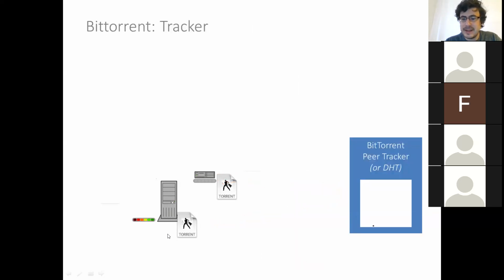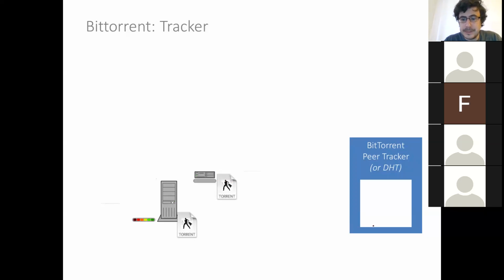The torrent file itself doesn't contain any information about the peers, but it contains information about what's known as a tracker. The tracker is the component that is responsible for saying which peers contain which data or which peers are looking for which data, right?